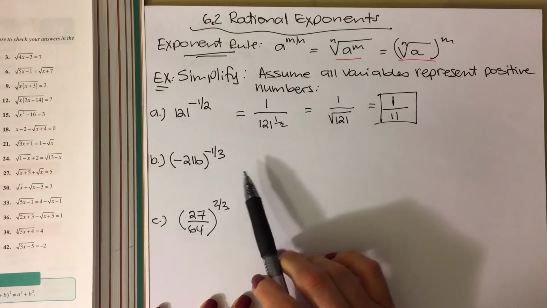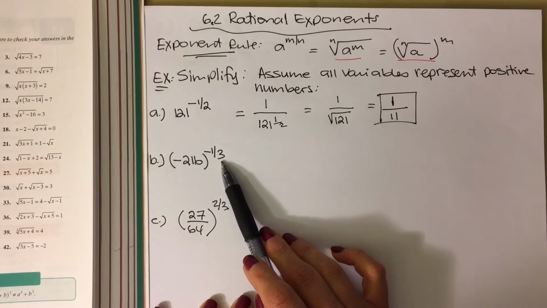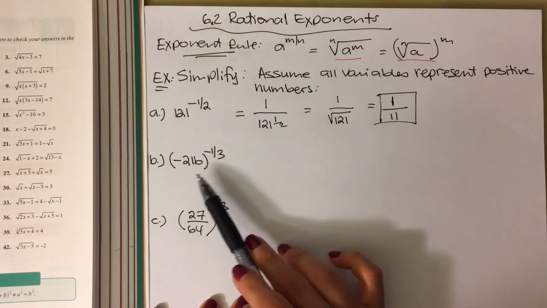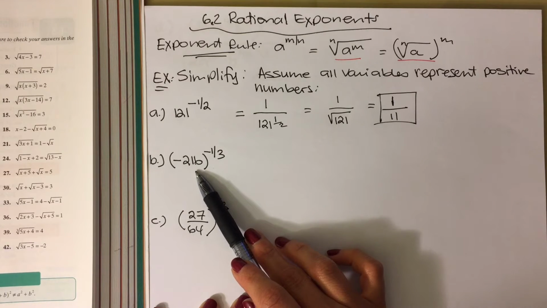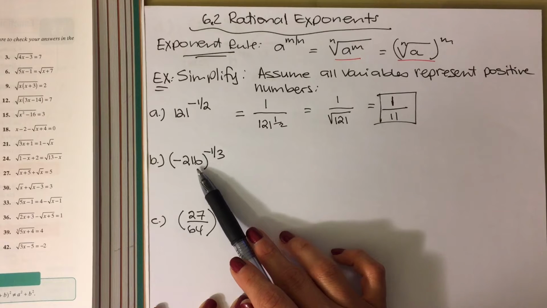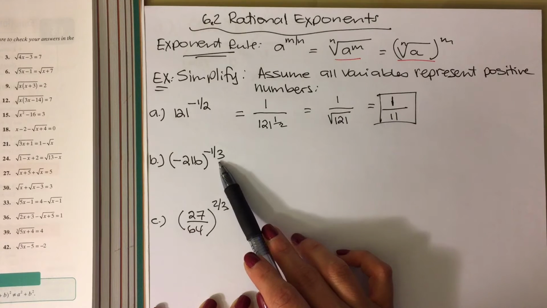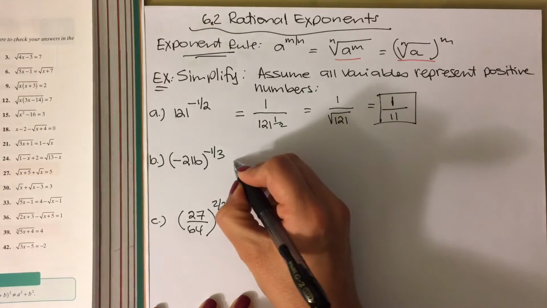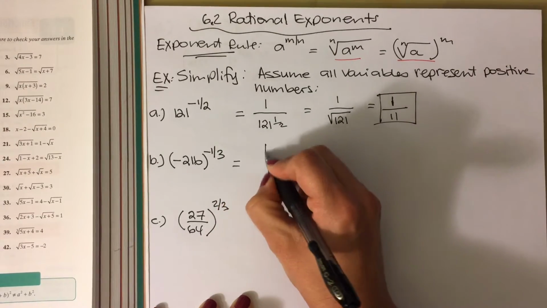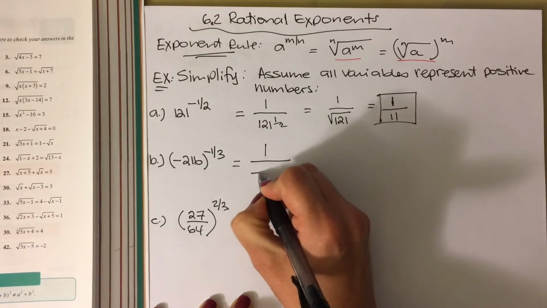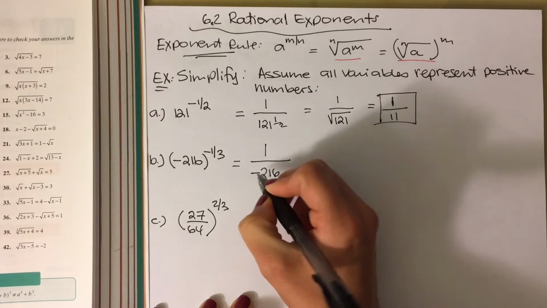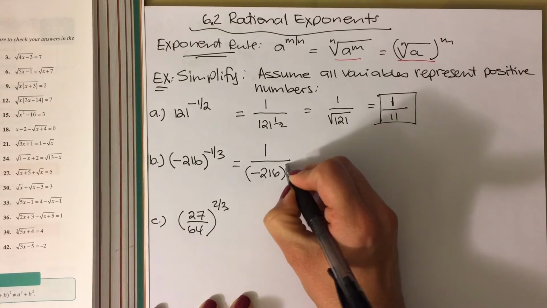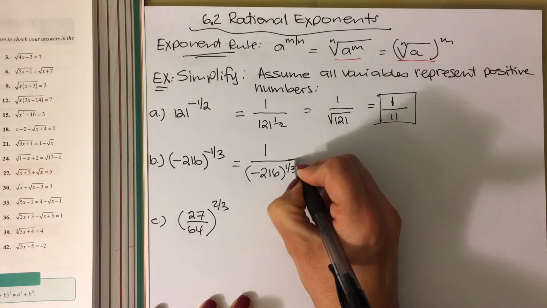Example B. We also have a negative exponent and, in addition, a negative base. The negative base doesn't really change. We just have to rewrite the problem to make the exponent positive first. So we can write 1 over negative 216 to the positive 1/3 power.